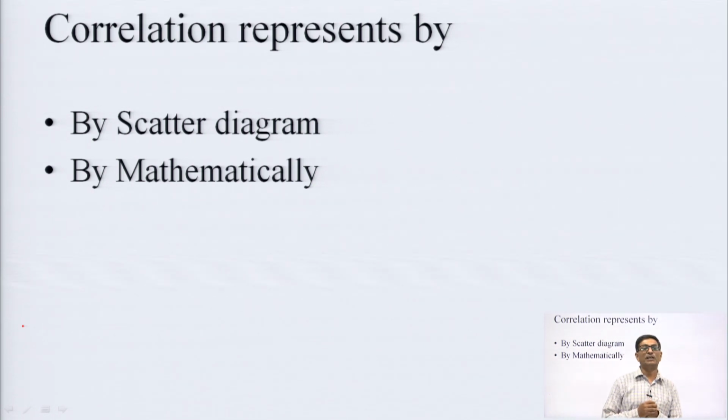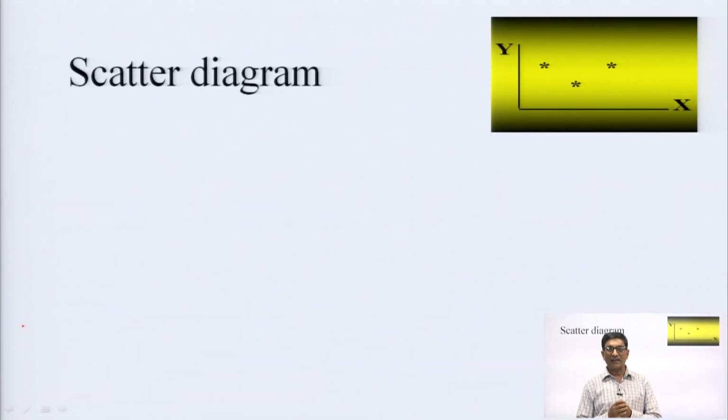Correlation is generally represented by two methods. First is the scatter diagram and second is mathematical. So, what is a scatter diagram? A scatter diagram is a diagrammatic representation of the data in which we take one variable on the x axis and another variable on the y axis, and the coordinates of the points x and y are defined by dots.